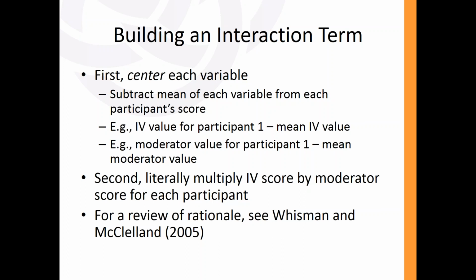Okay, so just to give a very brief overview of the rationale, it has to do with what are called 0 points. Basically, if you don't center a variable, you end up having to interpret effects that have to do with when your predictor, whether it's the independent variable or the moderator, is equal to 0.